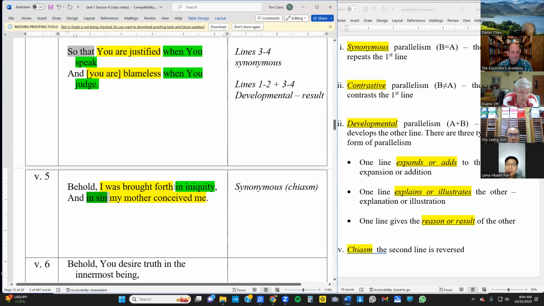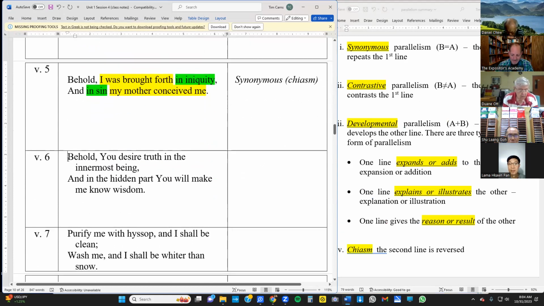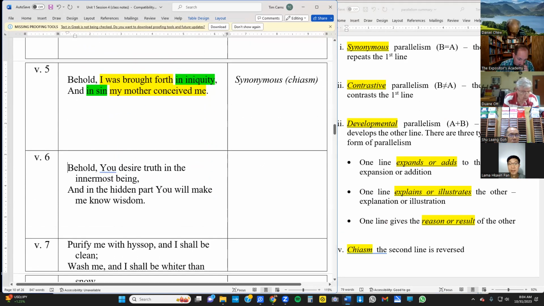Okay. Questions on that? Hopefully that one makes sense. All right, then let's go to verse 6. Daniel, I'm going to ask you to do this one. Okay.